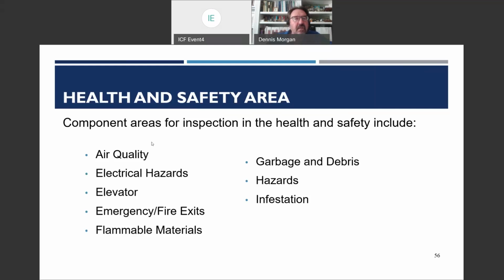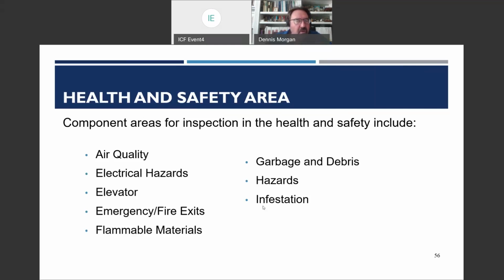For health and safety, these are your double dinger items. It includes air quality, electrical hazards, elevator, emergency fire exits, flammable materials improperly stored, garbage and debris, other forms of hazards such as cutting hazards, infestation.